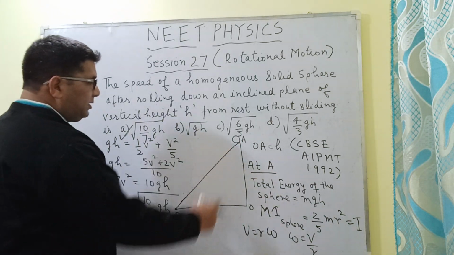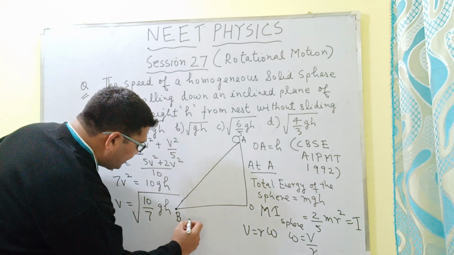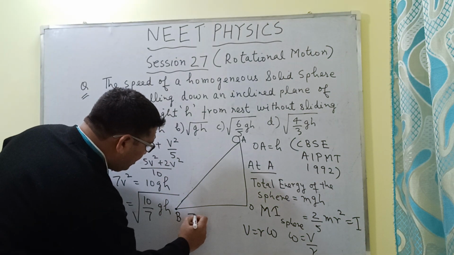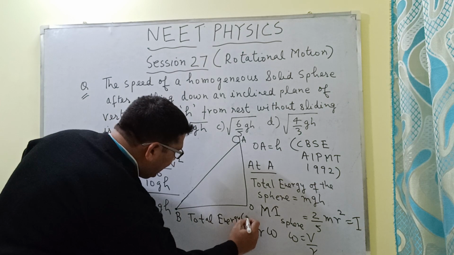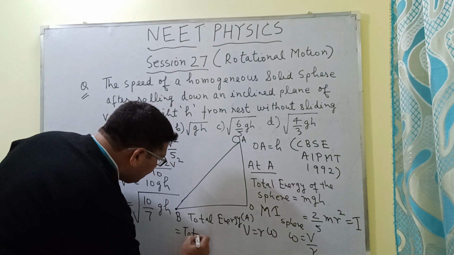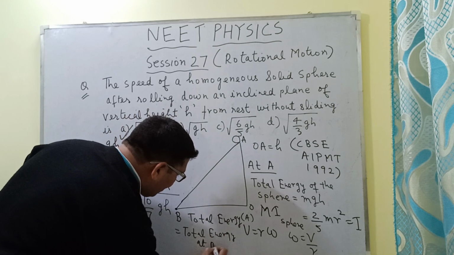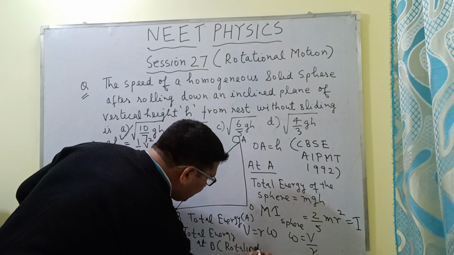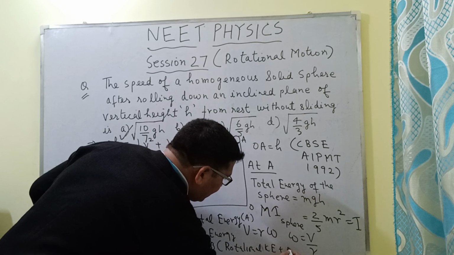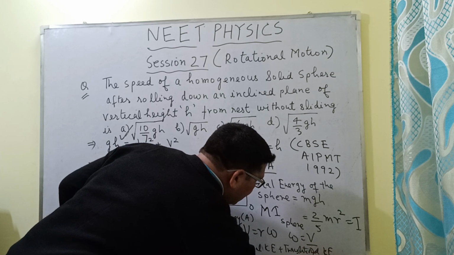Using the law of conservation of energy, total energy at A is equal to total energy at B, which was equal to the sum of the rotational kinetic energy plus the translational kinetic energy.